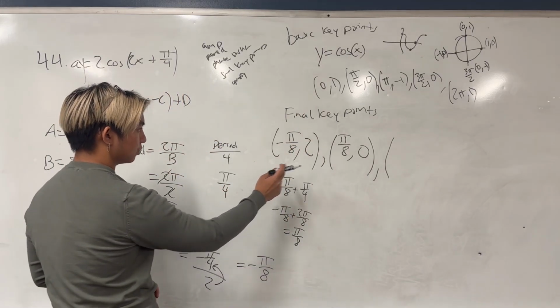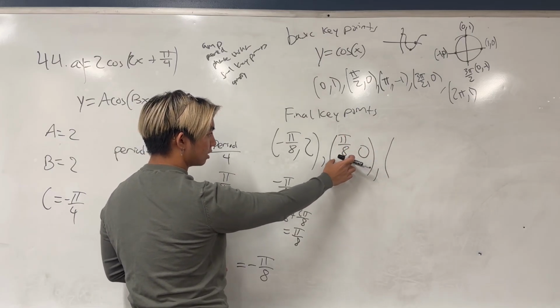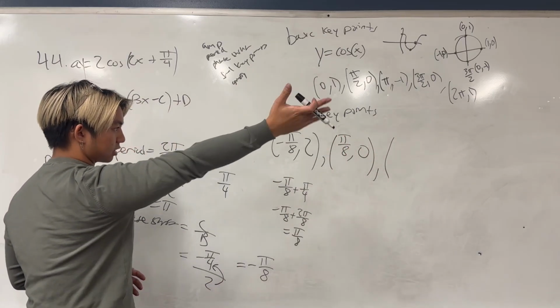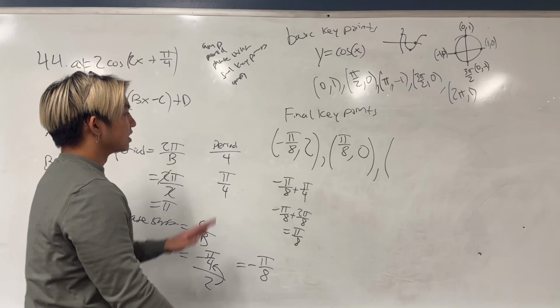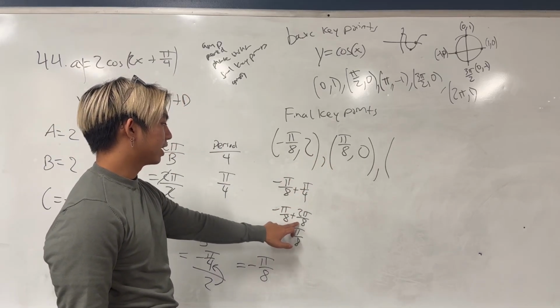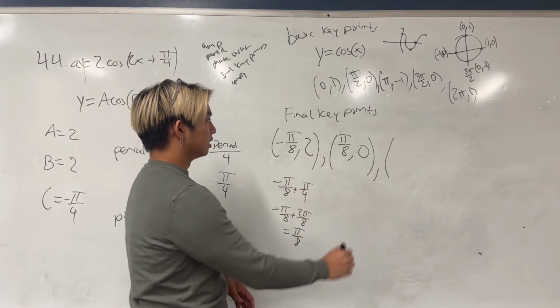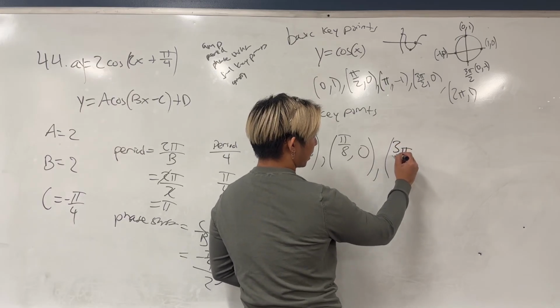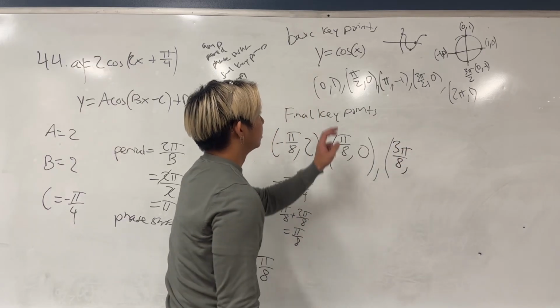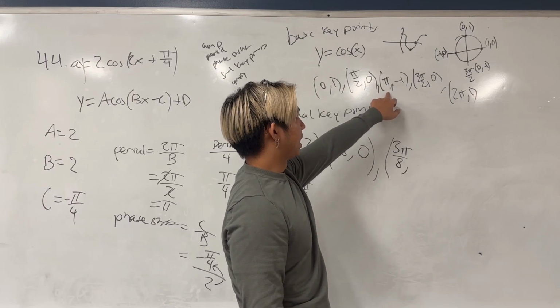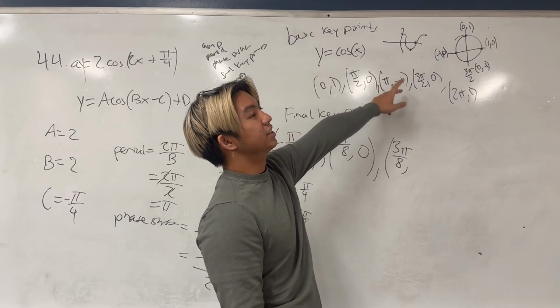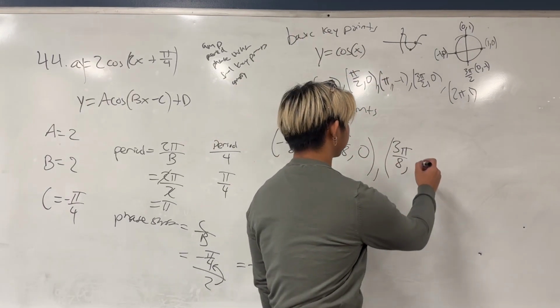Boom. And then again, pi over 8 plus 2 pi over 8. Every new x coordinate we get, we just add this to get the next one, and so on and so forth. So pi over 8 plus 2 pi over 8, same thing as pi over 4, so this becomes 3 pi over 8, comma, here a third set of coordinates is pi, comma, negative 1. Negative 1 times 2 is negative 2.